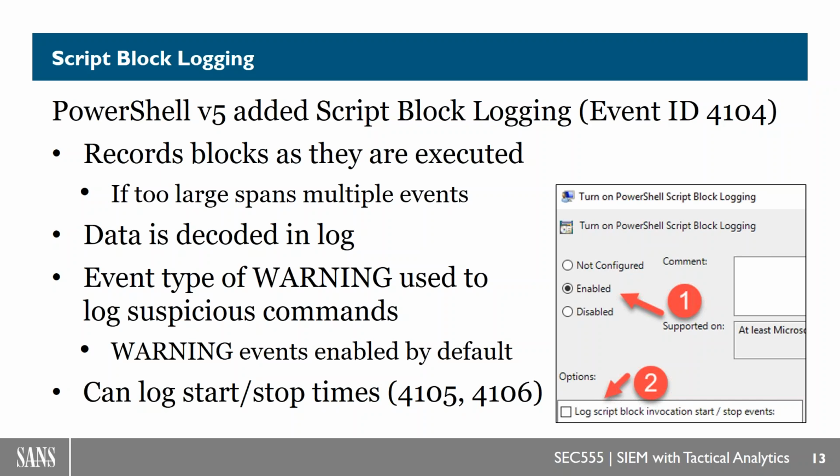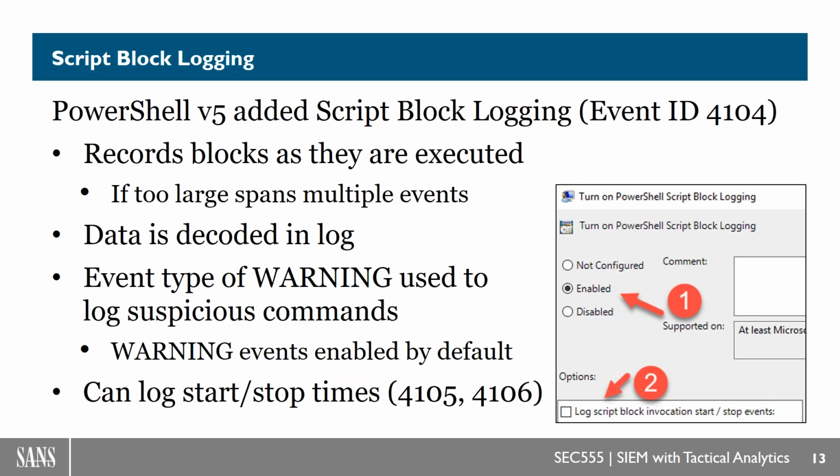With the new versions of PowerShell, Microsoft included what's called an event type. The event types are either info or warning. For any event type of warning, which Microsoft deems to be suspicious commands, it will cut a log even if you don't explicitly enable it. It's automatically going to generate this log.